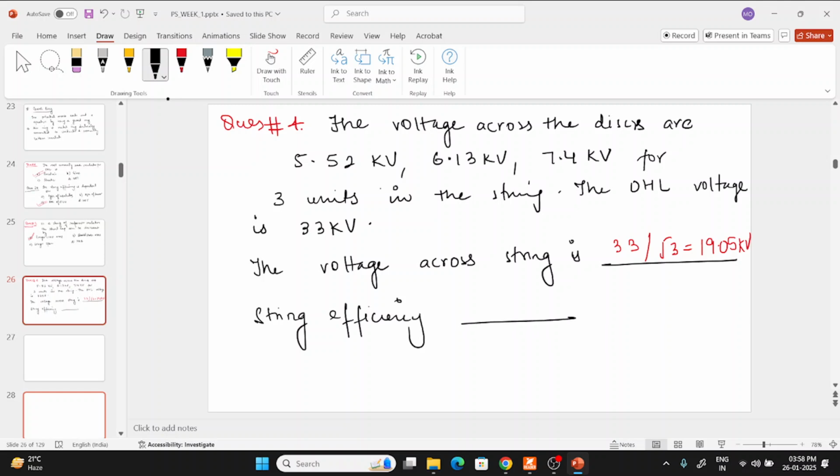String efficiency calculate karo. 54.6. Okay, let me calculate it first. Anyone other than 85.81? Okay.